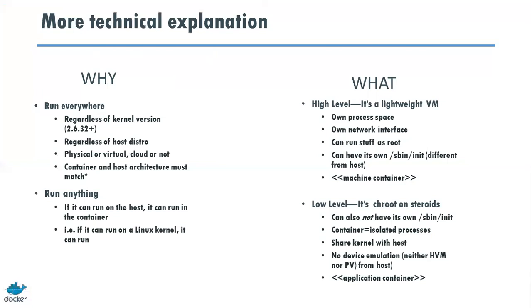So at a low level, it is chroot, the change root, switch root Unix command actually. It can also have its own sbin init. Containers are basically isolated processes. If you see from the operating system's perspective, every Docker container is nothing but a single process.